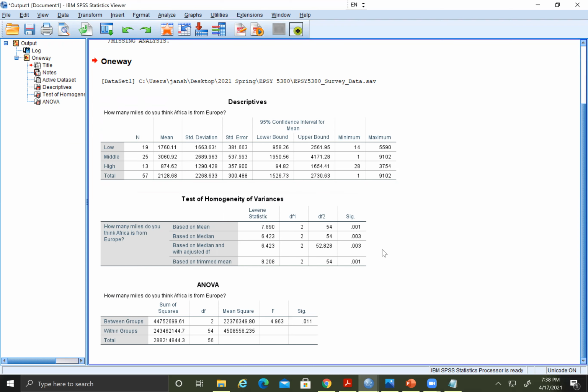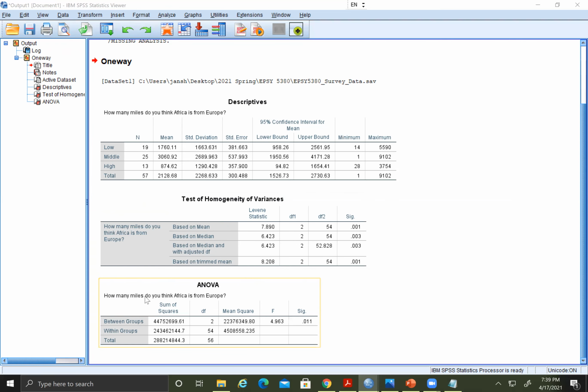So we see the variance test is significant. That means the homogeneity of variance is not assumed. It's violated. Anyway, for now we just go ahead and read this. We will come back to this homogeneity of variance.